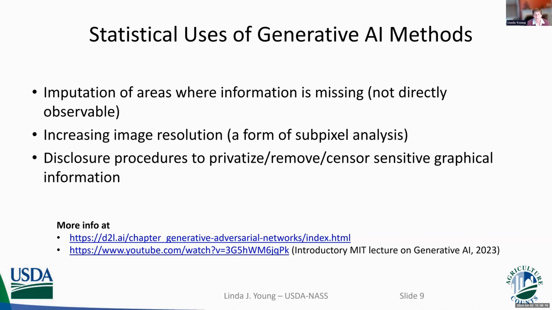We can increase the image resolution, which is a form of subpixel analysis. And I think many of us have done this when we've tried to sharpen pictures taken on our phone or by a camera. And disclosure procedures can be developed to privatize, remove, or censor sensitive graphical information.